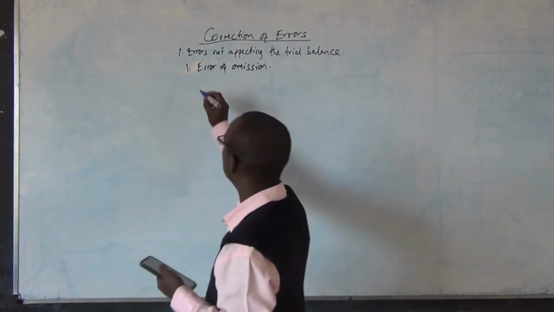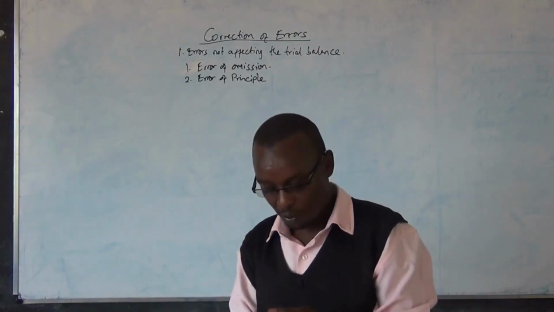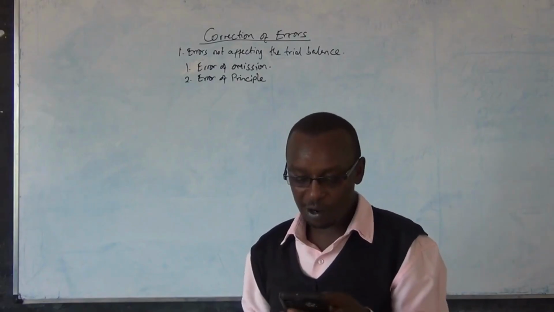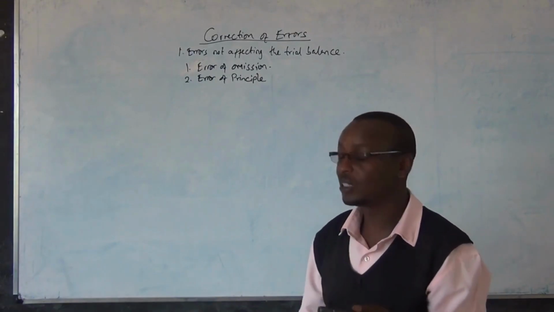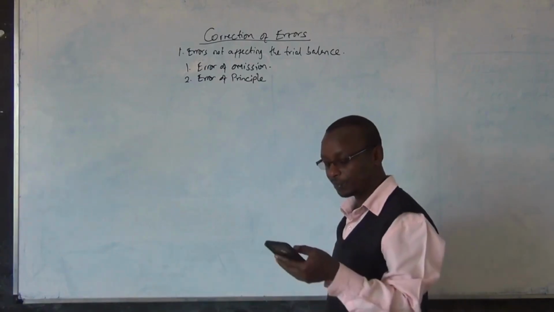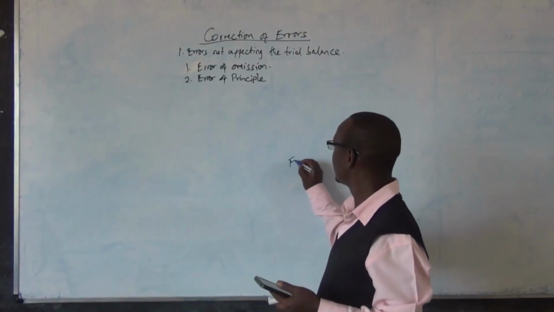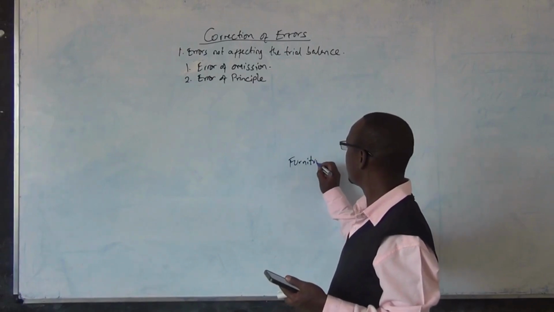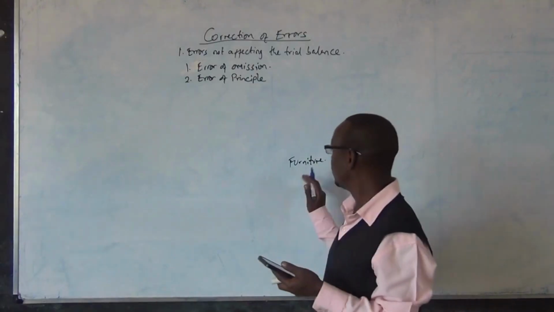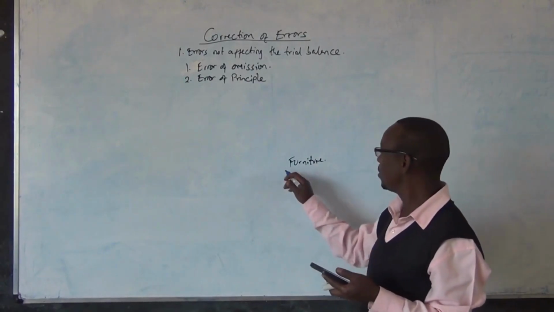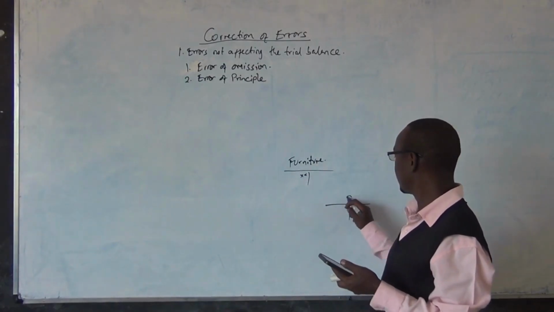We have the error of principle. This occurs when we enter a transaction in the wrong class of accounts, but we still observe the double entry. A good example is when you purchase furniture. This is a fixed asset. The normal course of things, you should debit the furniture account and credit cash, isn't it?